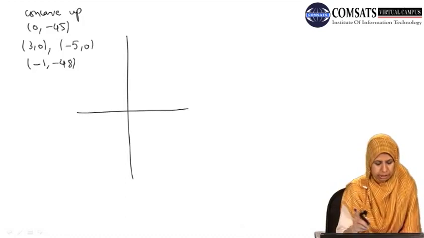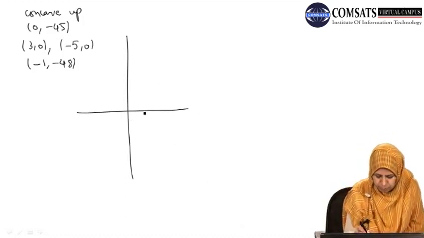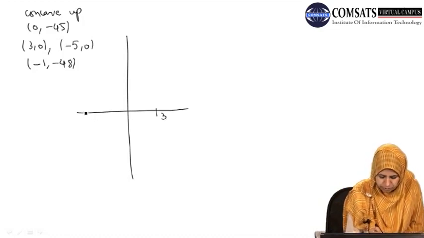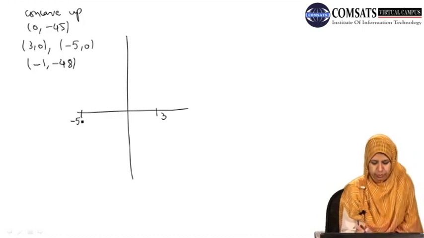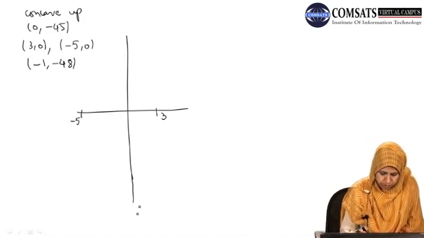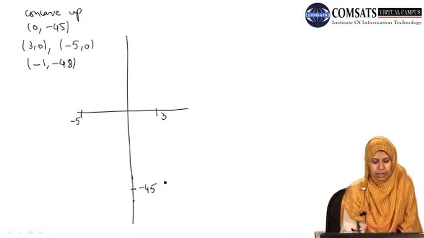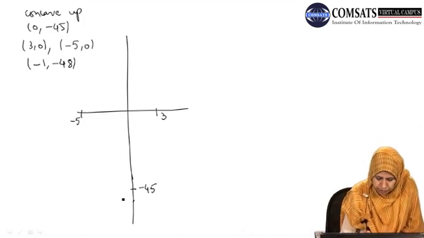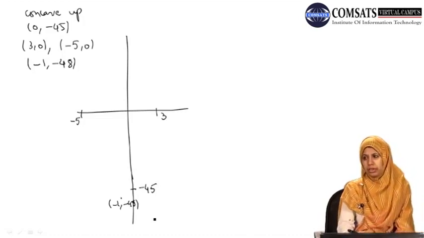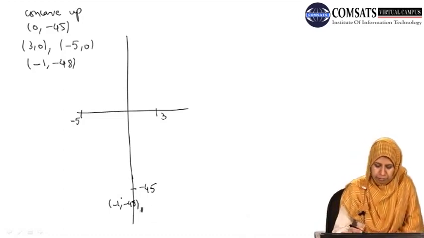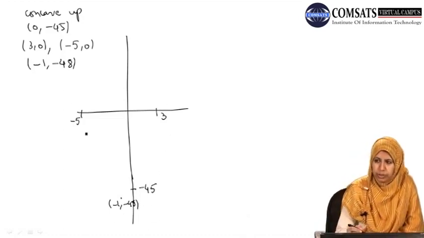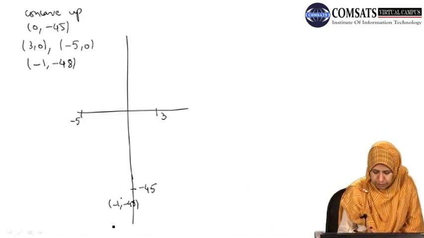Concave up. Now this is our point (3, 0) and this is our point (-5, 0). We extend it more downwards. This is, let's say, our point minus 45 on the y-axis, and this is our point (-1, -48). Now we simply have to connect all these points by a curve passing through the vertex.